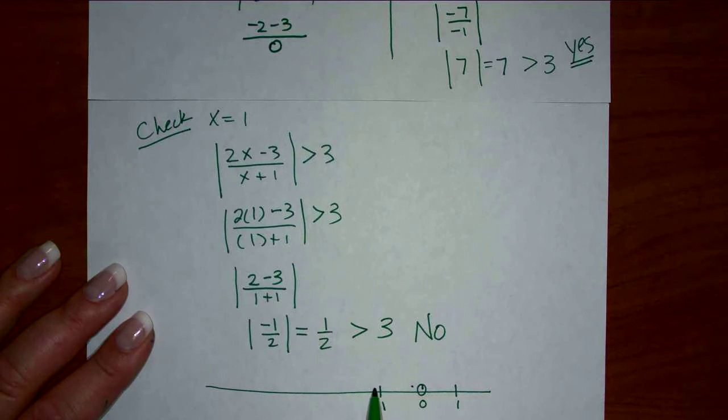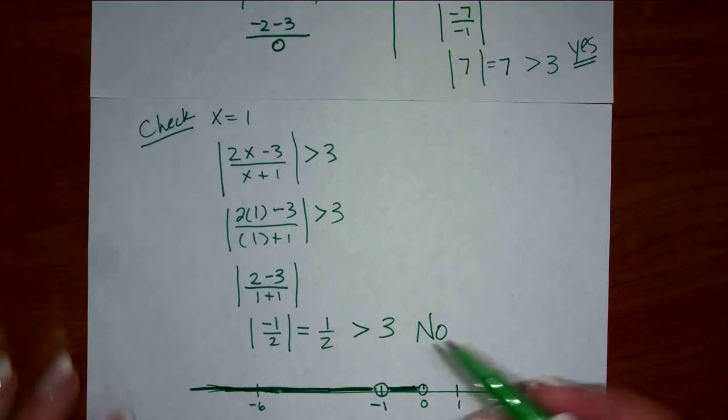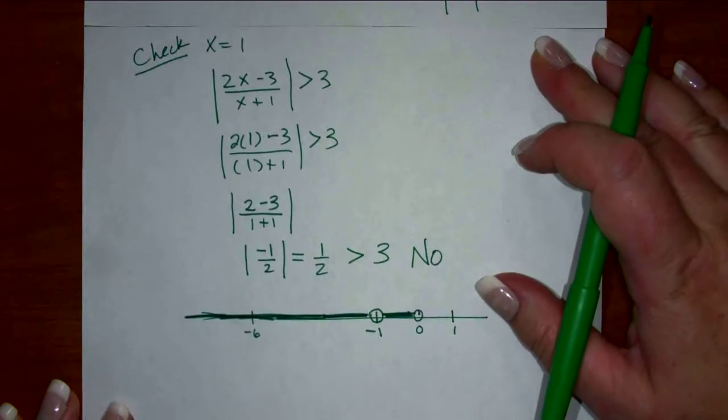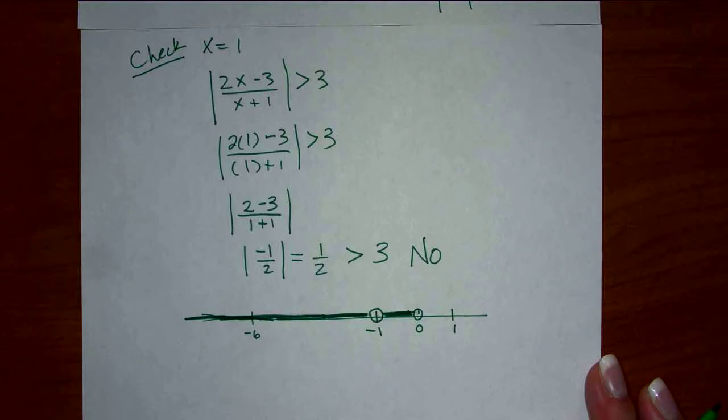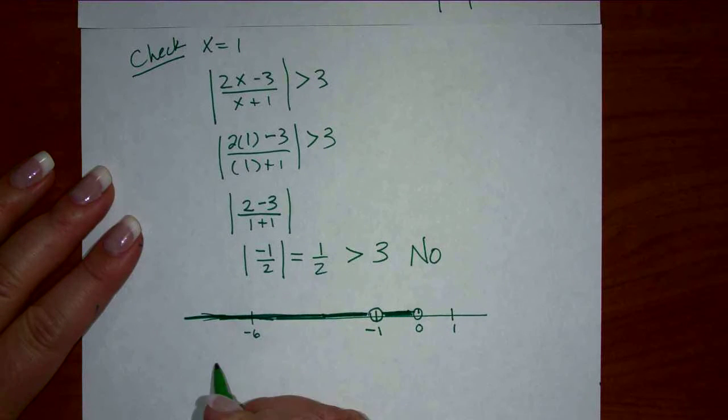Put an empty circle on anything that doesn't work. Empty circle on the 0. And what we had otherwise was this. There was a -6 that was in question. What if we put that in? So what if we were to check negative 6?